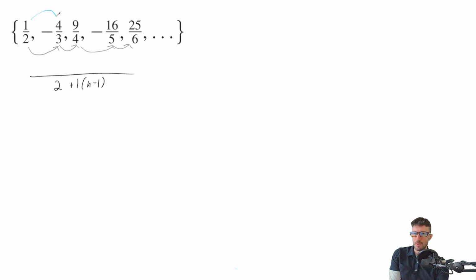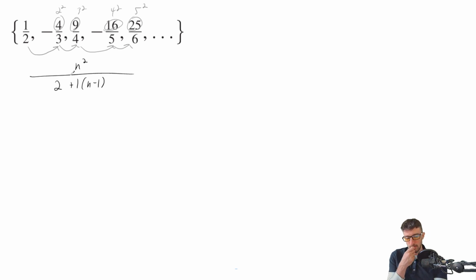Now, up top, though, is there anything special about these numbers? Well, actually, 4 is 2 squared. 9 is 3 squared. Oh man, these are the perfect squares. So the formula for up top could just be n squared.